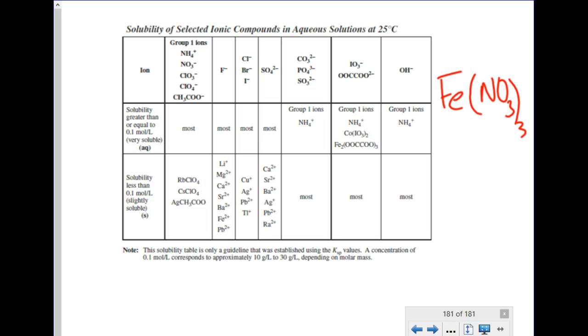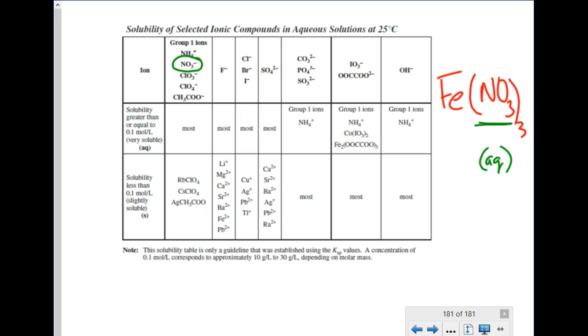The negative ion is nitrate, and it fits right up here. We come down, we have this most category, which means we have to check the other one. Iron 3 does not occur anywhere else here. If I mix iron 3 nitrate with water, it's going to dissolve very well. So I'm going to put the AQ symbol behind it.